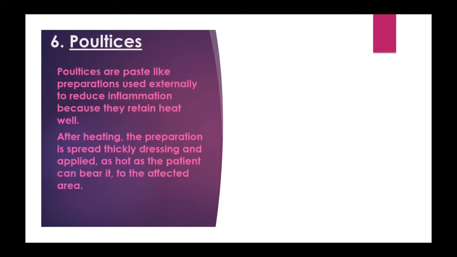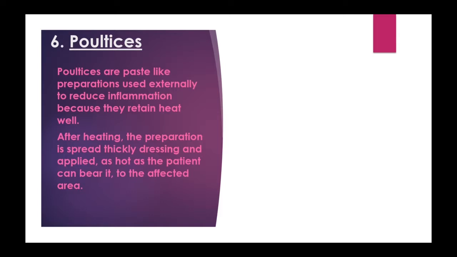Next, poultices. Poultices are paste-like preparations used externally to reduce inflammation because they retain heat well. After heating, the preparation is spread thickly on a dressing and applied as hot as the patient can bear it to the affected area. Friends, let me explain this. A poultice is also called a cataplasm.